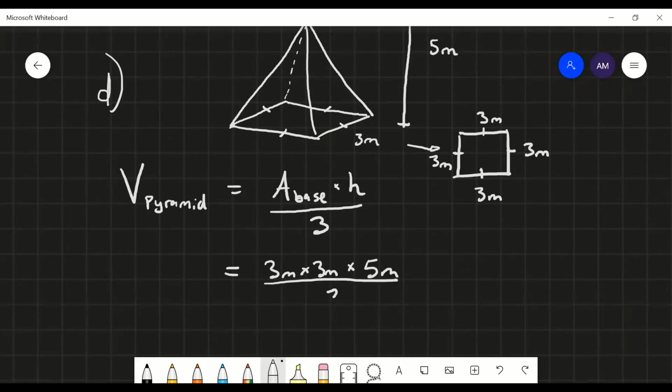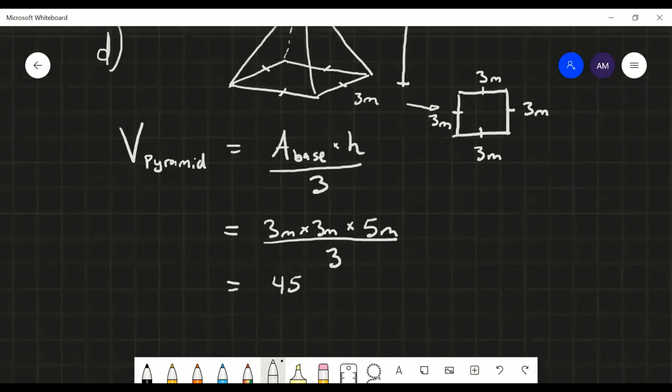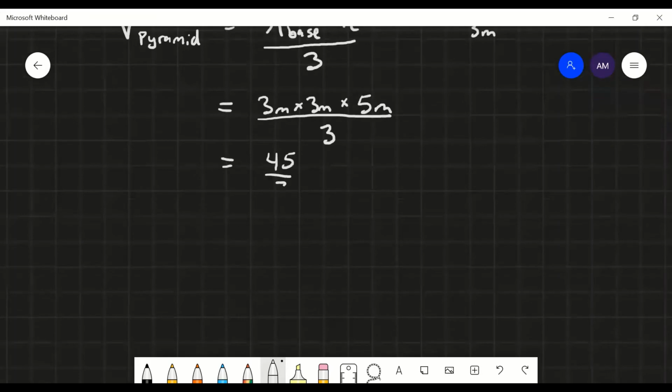All of that divided by 3. So 3 times 3 times 5 would be 45, divided by 3, meters cubed. 45 divided by 3 is 15 cubic meters.